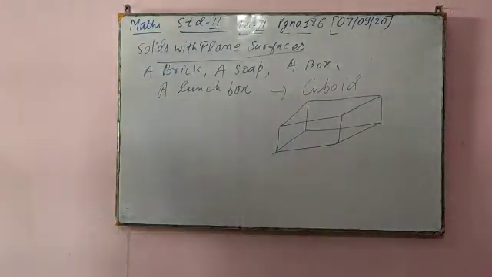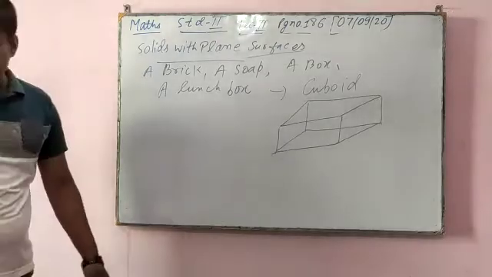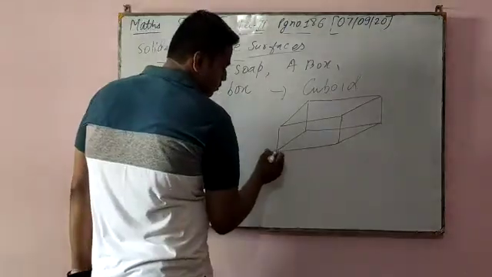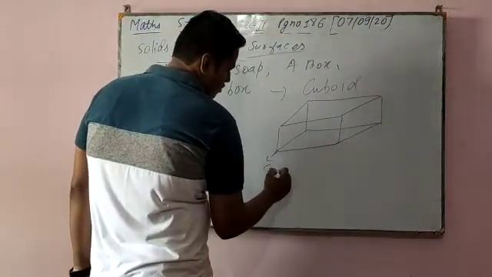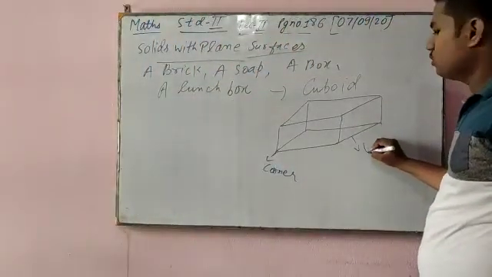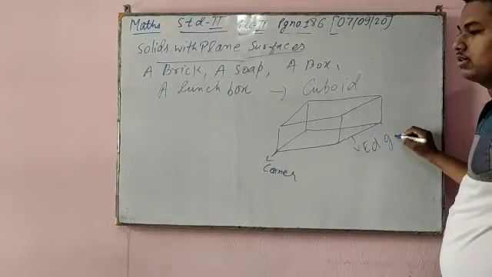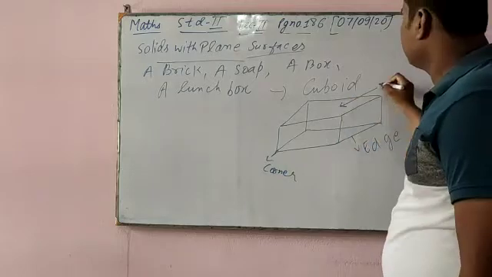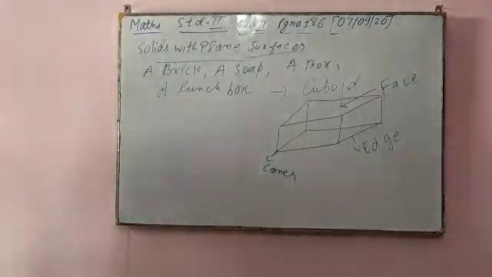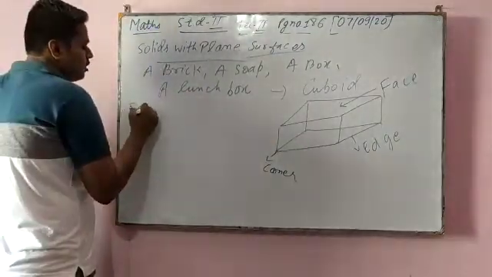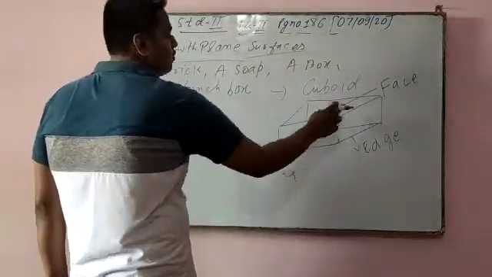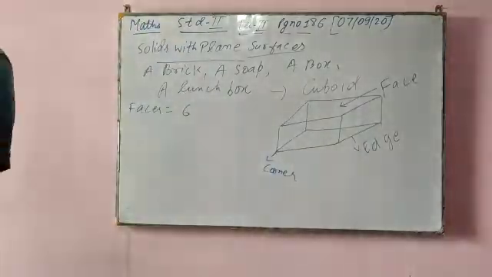Now, how many faces does a cuboid have? See, this corner part is known as a corner, this is known as an edge, and this face part is known as a face. Corner, edge, and faces. So how many faces does a cuboid have? 6: 1, 2, 3, 4, 5, 6.